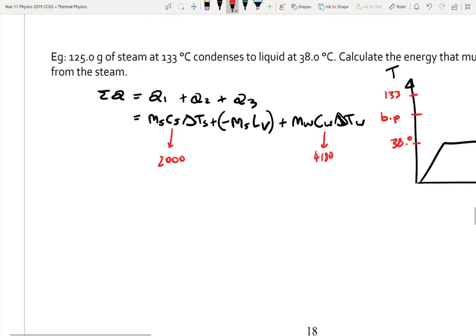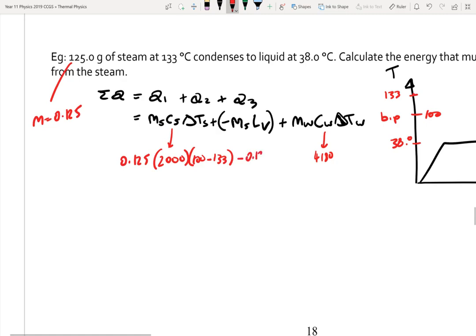We've got mass equals 0.125, and 2,000. Now, final minus initial. The final was 100 minus 133. Don't just write minus 33, because you have to show your working out.